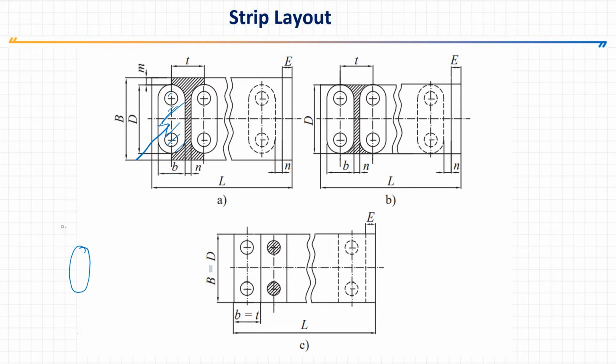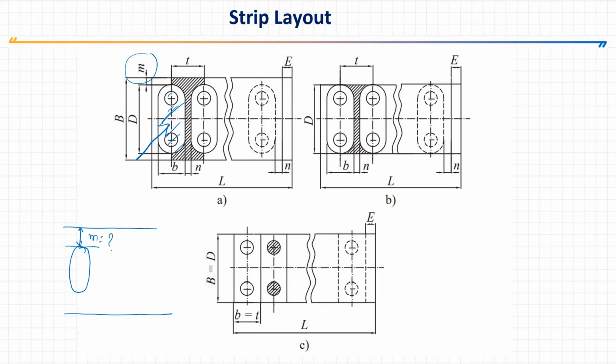So two things will be there. Suppose we keep the strip like this, then the first dimension is how much extra distance we can keep from this edge to this maximum. This is the value m, which is called the bridge scrap size. So what should we keep as the value of m? We will see this.